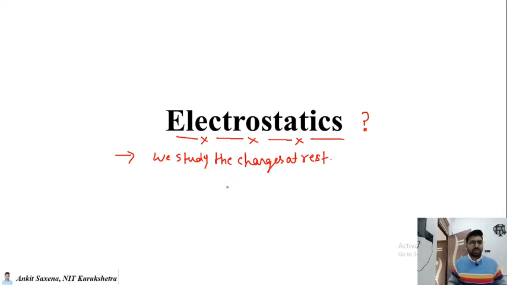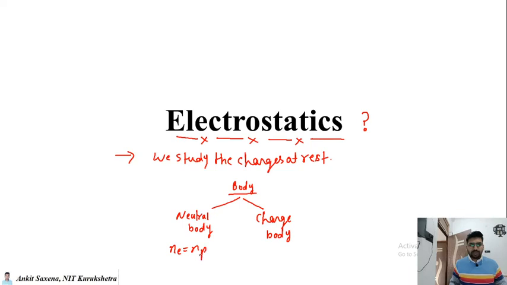For example, if we have a body, generally we have two types of body. First one is a neutral body and second one is a charged body. We know that in a body there is a number of electrons and a number of protons. If the number of electrons is equal to the number of protons, this body is called a neutral body.